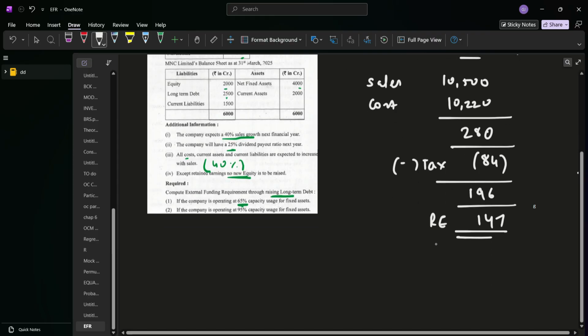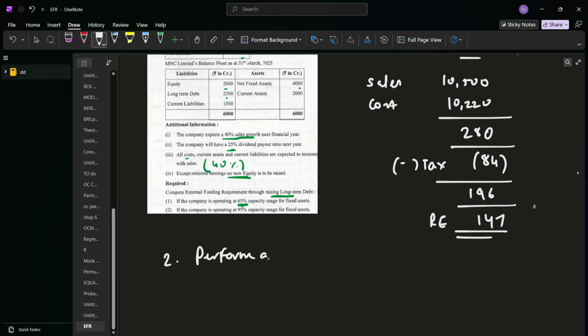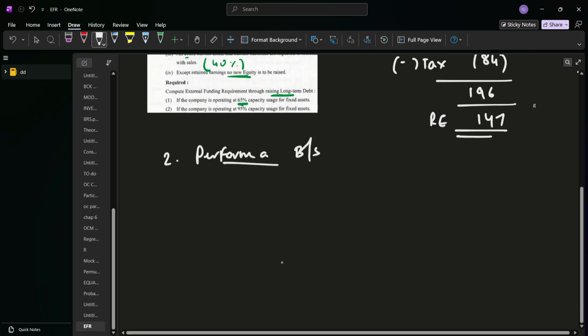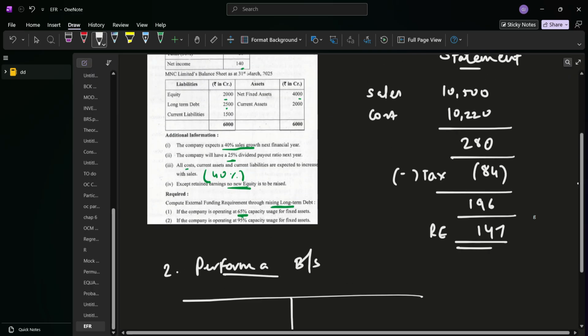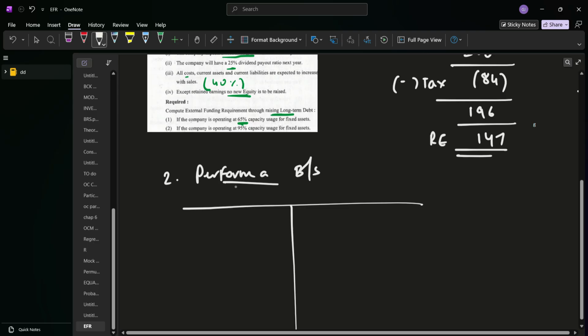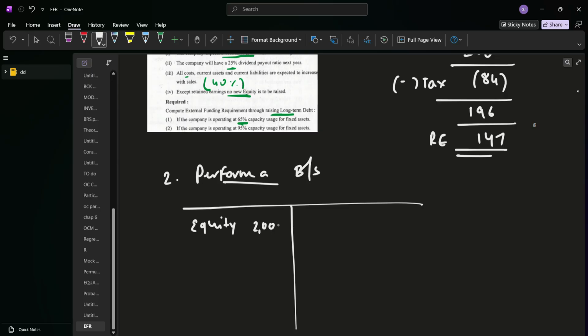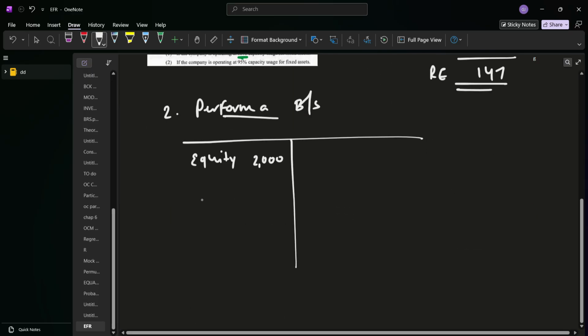Okay. Now, second step, we will draw out the pro forma balance sheet. So in the pro forma balance sheet, again, we have, let's say, equity, which is at 3,000. Then we have retained earnings, which is 147.